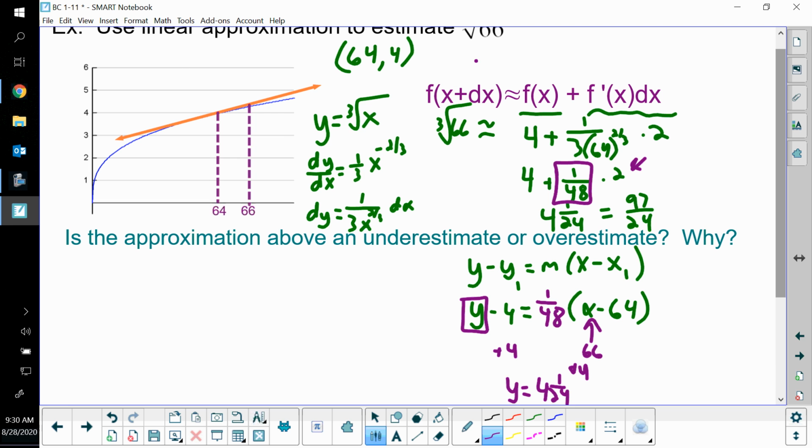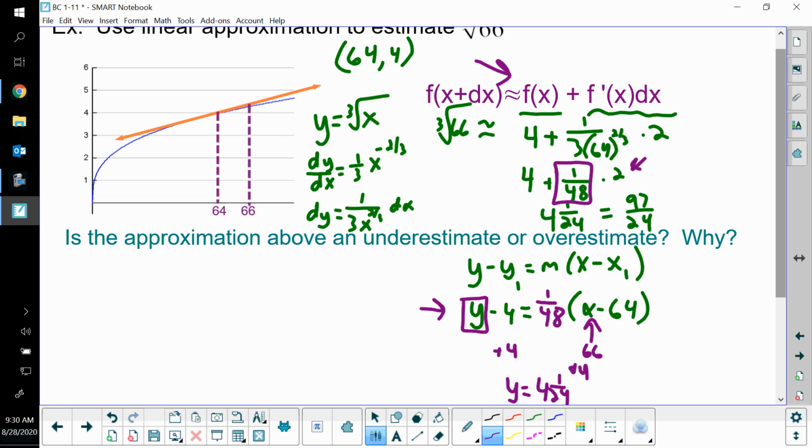So what we used here is just point slope form with the y solved by itself. So we basically moved everything over already, so we wouldn't have to rearrange it. But if you like to do this type of thing with linear approximation, you can see it like that, and then just add your 4 over or whatever it ends up being, it's the same idea. So you could do that as well.